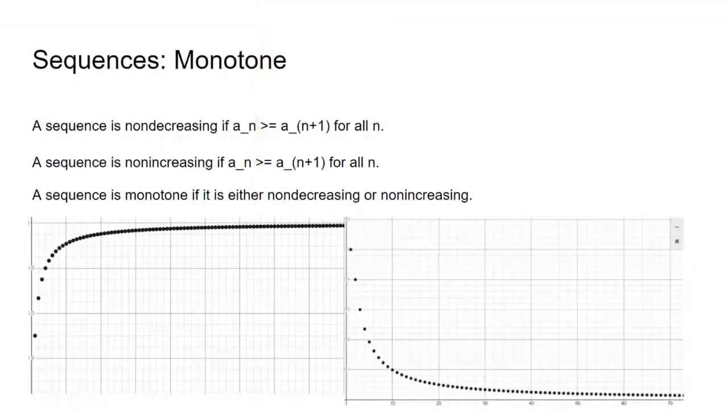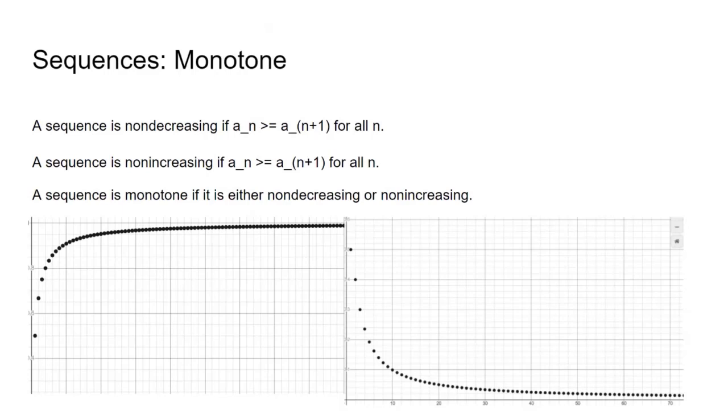We have monotone sequences. A monotone sequence is either non-decreasing or non-increasing. So with this definition, constant sequences are monotone. If you said a sequence is increasing or decreasing, that would miss a case. That would miss if we had a constant sequence.